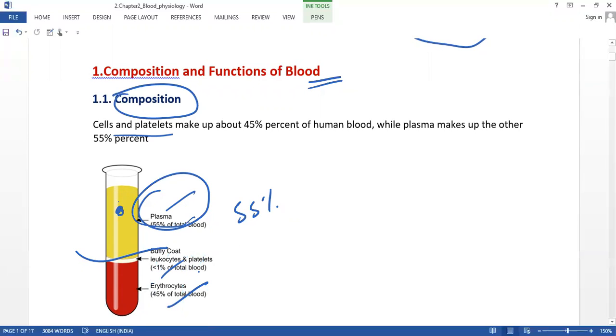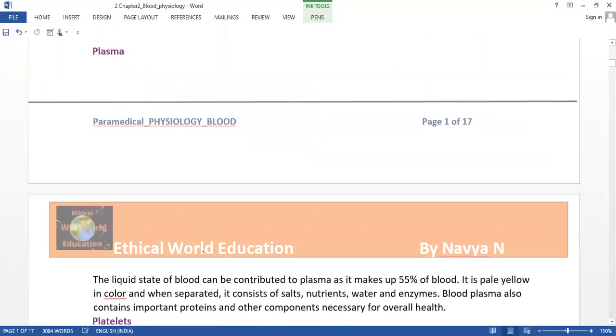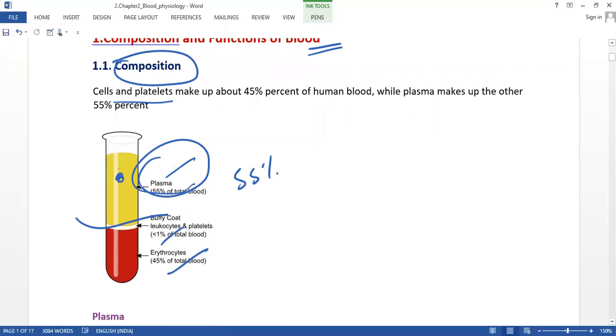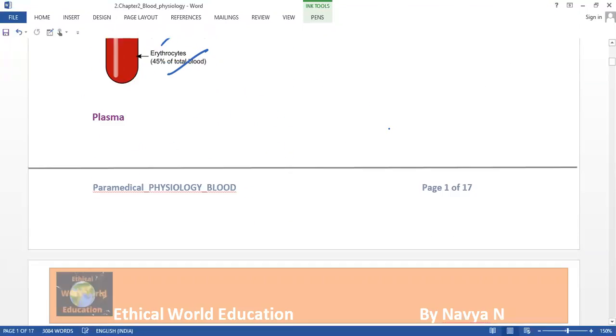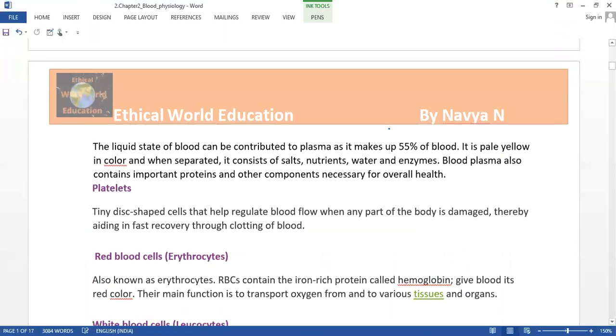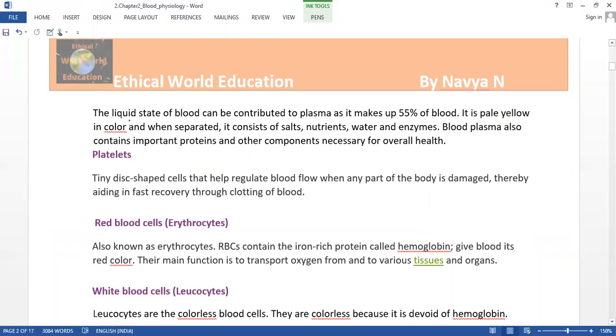The total amount of the blood consists of this. And in the plasma, how much is it? Yes, 55% is plasma. So let us know the composition of this plasma. This plasma is in the liquid state and makes up about 55% of the blood.